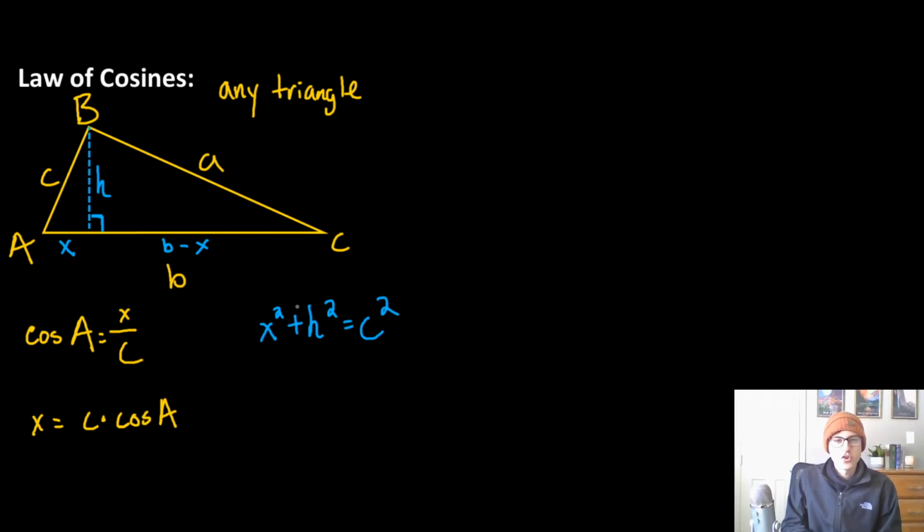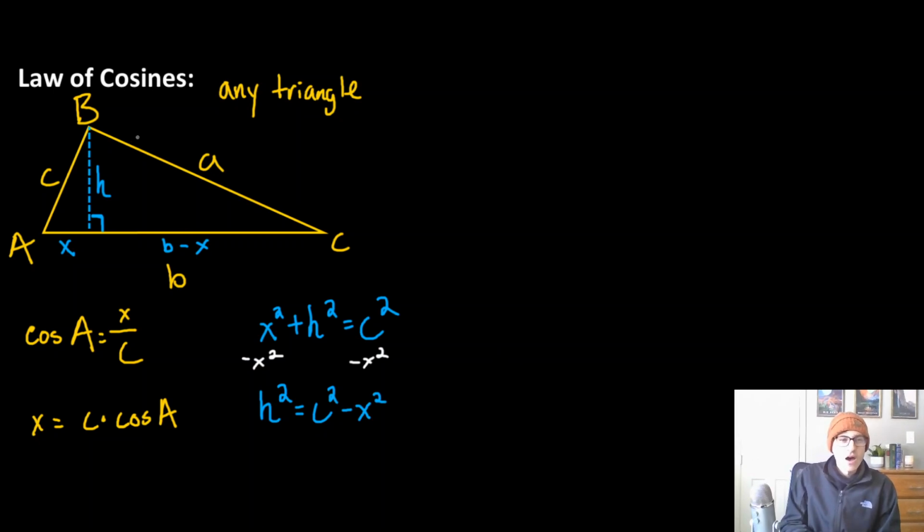Now I've introduced h into the equation, so I'm going to try to get h out of there. Let's get h by itself. And this is going to start to look familiar to some of you. H squared equals c squared minus x squared.